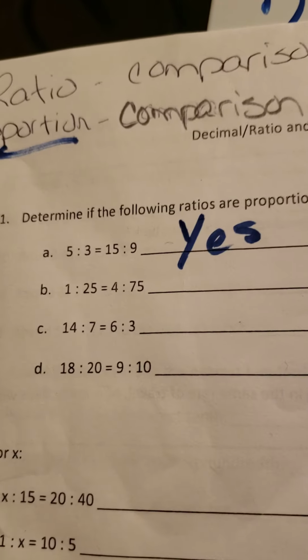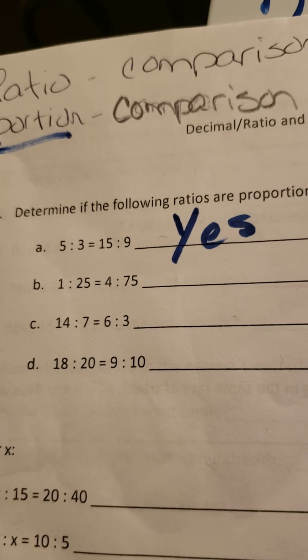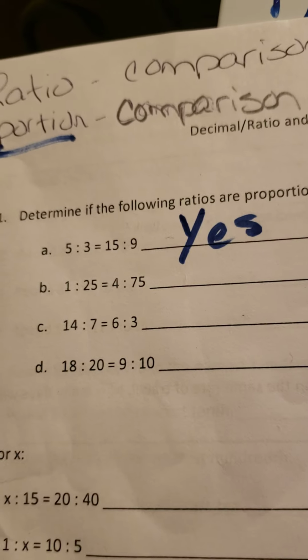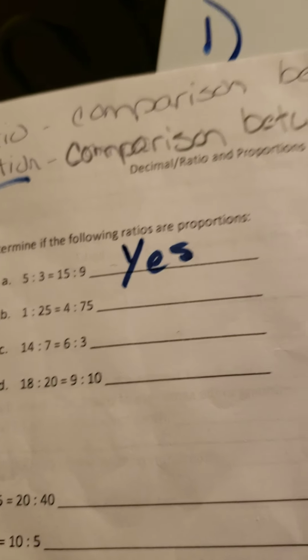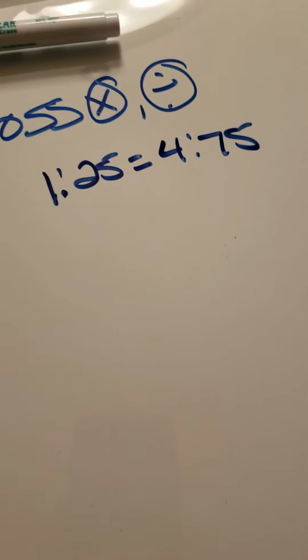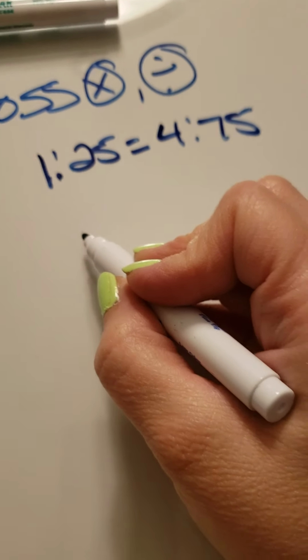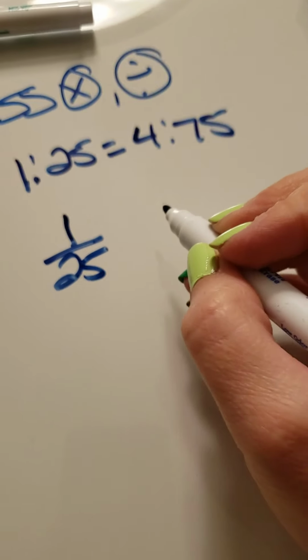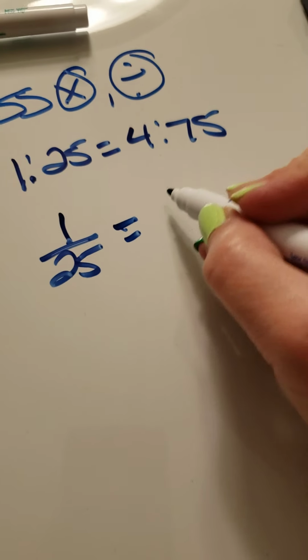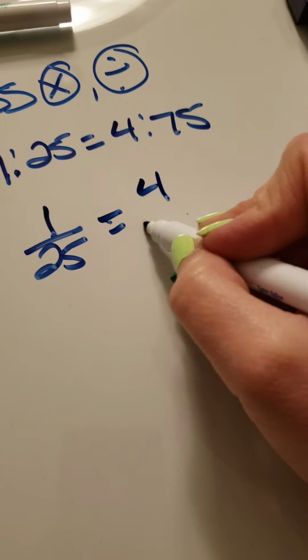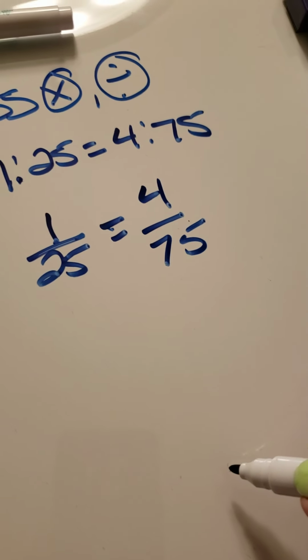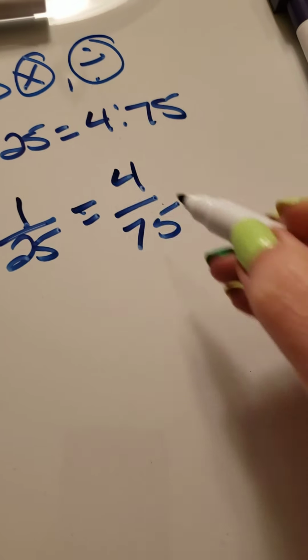Now let's do number 2. 1 to 25 equals 4 to 75. Okay, I'm going to line them up again. Whatever's read first goes on top. 1 over 25 equals 4 over 75. I am going to go ahead and hide the 4.